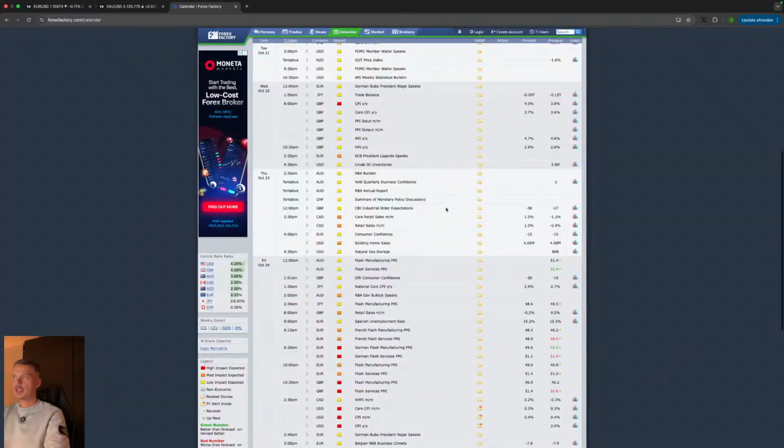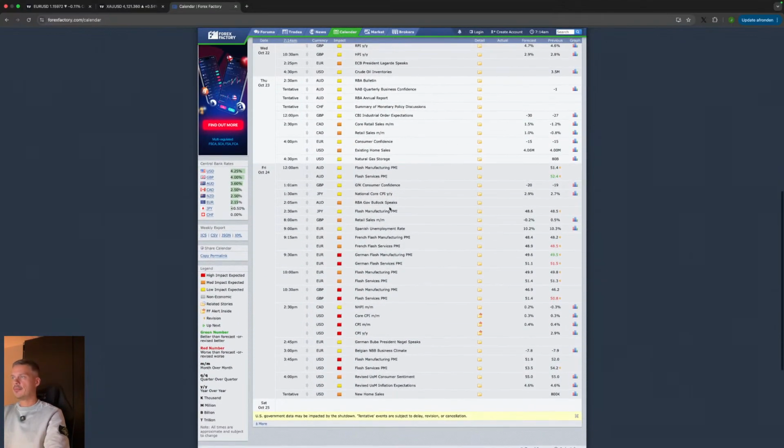Tomorrow will be packed with news. As you can see, there's loads of high impact news, but after 9:30 we can potentially look at trades on EU, because before that I'm not going to enter. Later on, at 10:30, we have the pound.